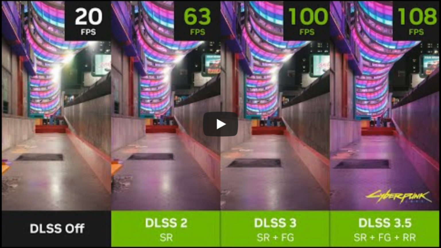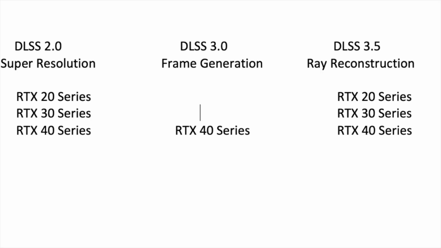Like you see at DLSS 2 at 63 FPS, you might get up to, I don't know, 70 FPS with DLSS 3.5, but you're not gonna get DLSS 3, which is frame generation, which is only tied to 40 series GPUs. Okay, so I created this simple graph so you guys can have a better picture in your mind.